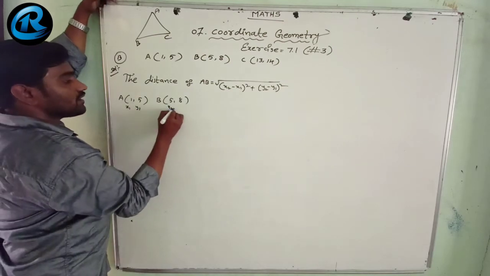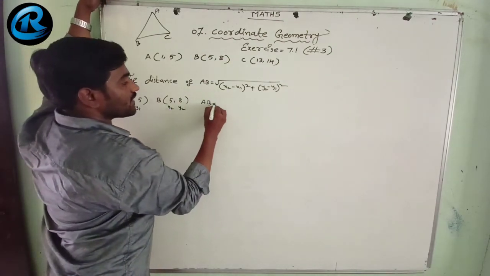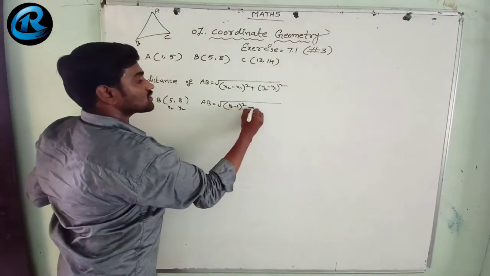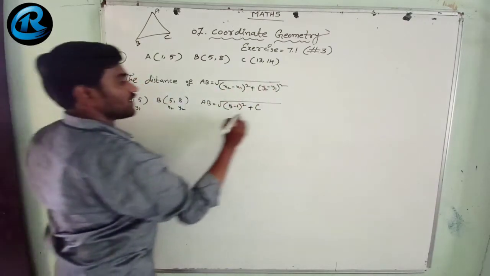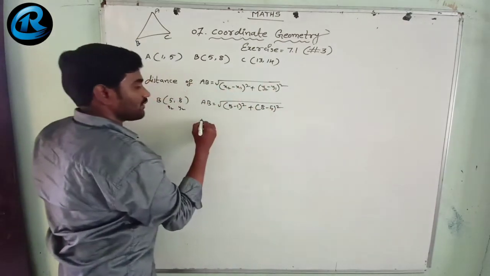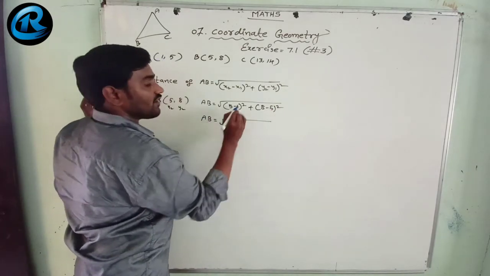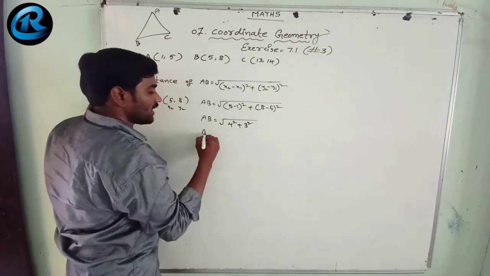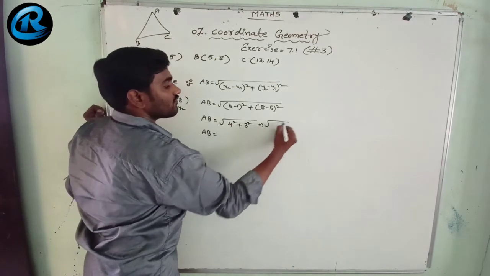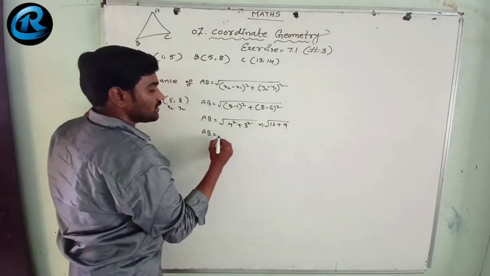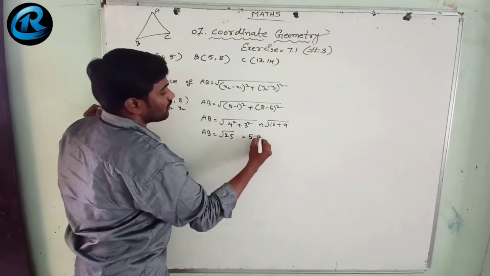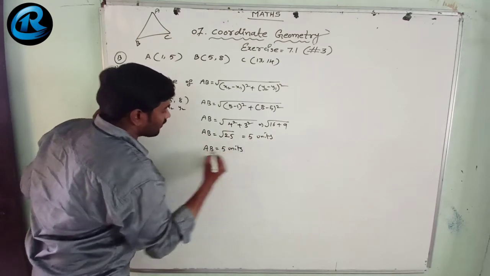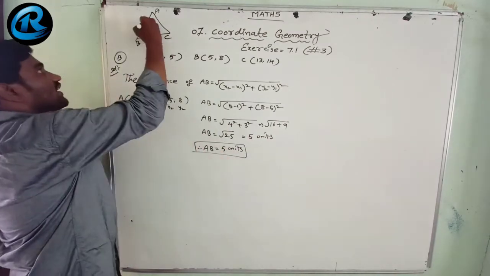AB equals the square root of (5 minus 1) squared plus (8 minus 5) squared, which is 4 squared plus 3 squared, that is 16 plus 9, the square root of 25, which equals 5 units. The distance of AB is 5 units.